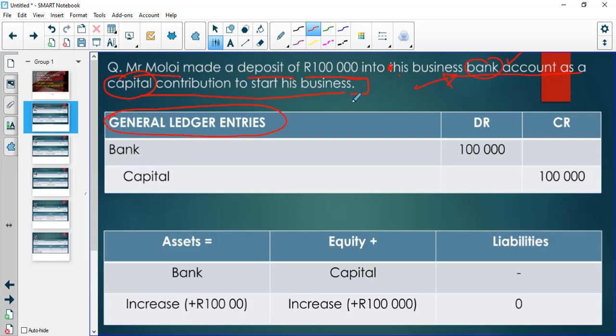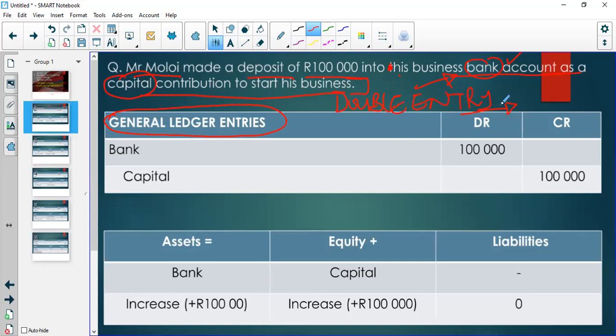We're going to use the principle called the double entry system. If you haven't gone through the double entry system recording, I would advise you to go through that particular recording, because we also shared it with you, and I believe it's one of the recordings we have shared on YouTube as well.